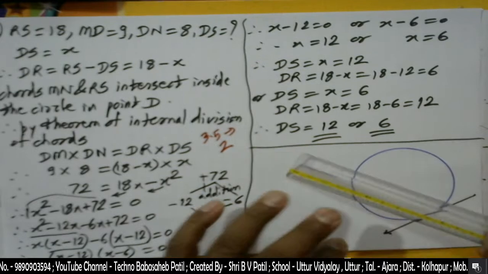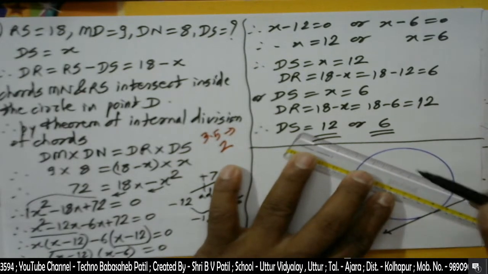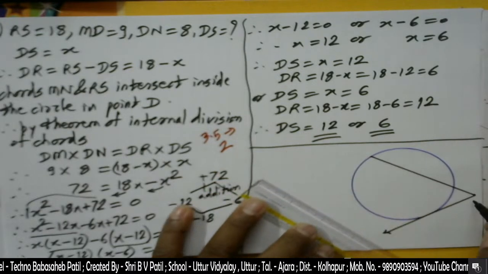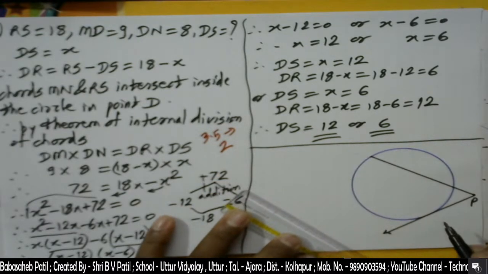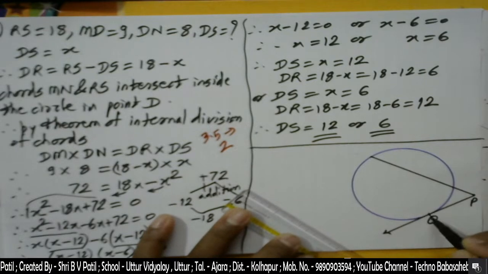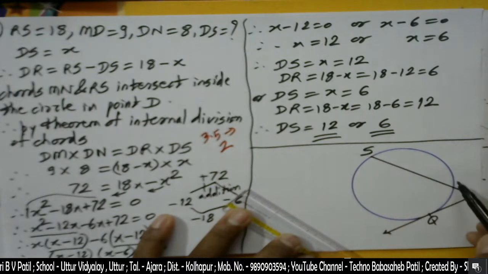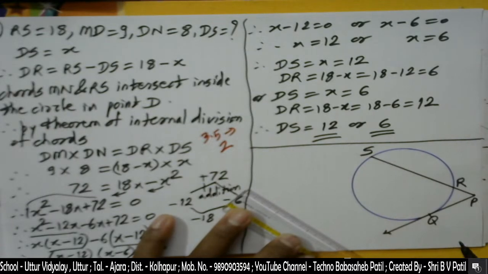This is a tangent, and here a secant intersects outside the circle at point P. PQ is the tangent and SR is the secant.